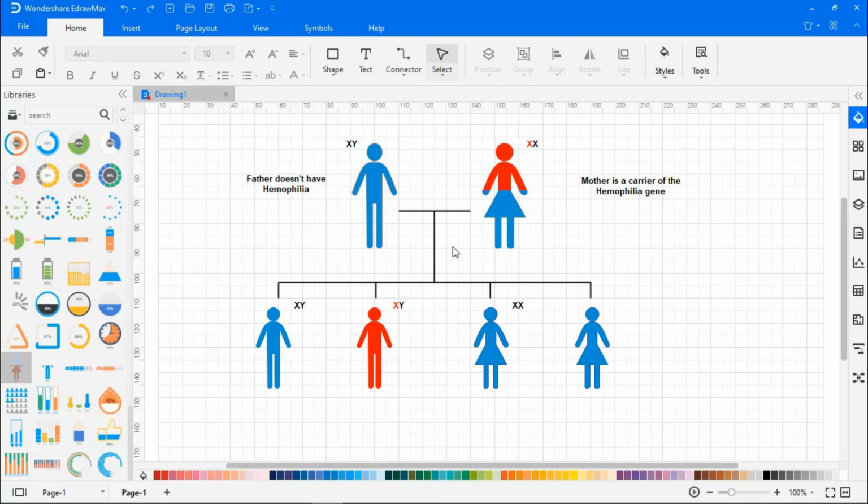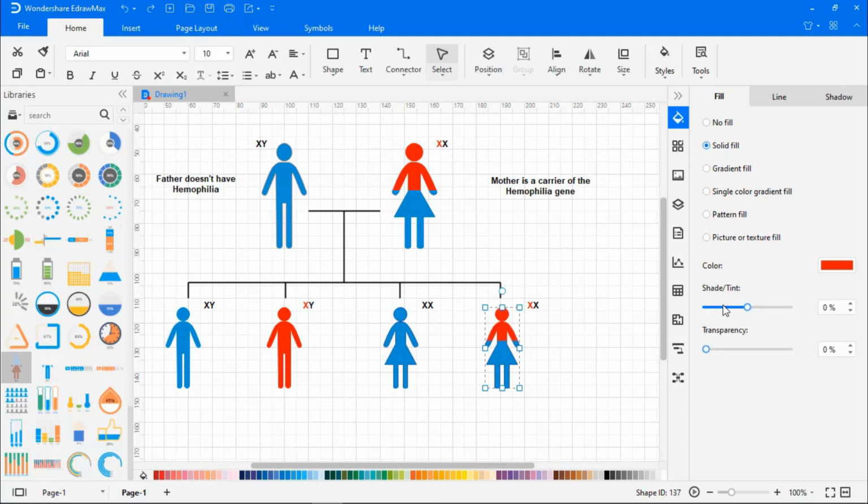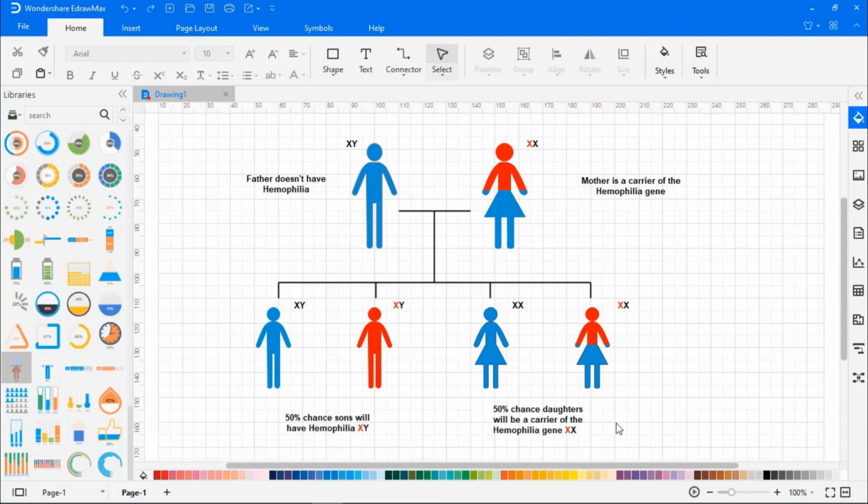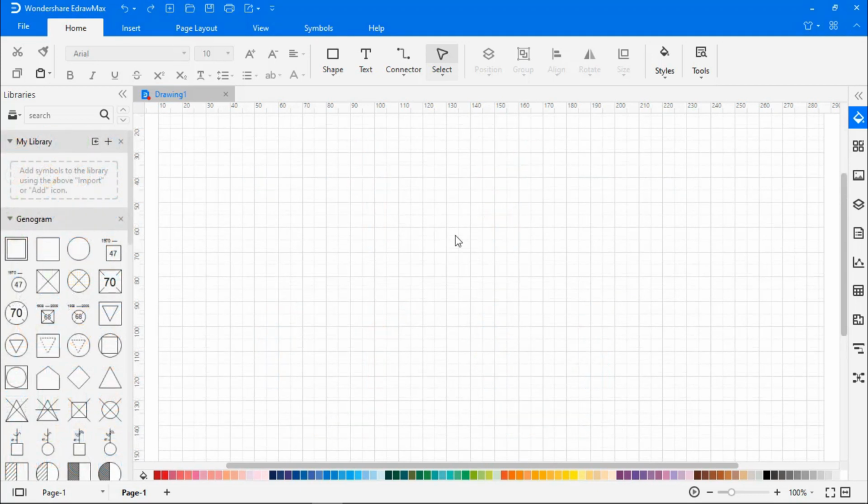The fourth child receives a normal X gene from the father and a recessive X gene from the mother, and the child is now a carrier of the hemophilia gene. So, at any given point, when the mother is a carrier, there is always a 50% chance of her children being affected.